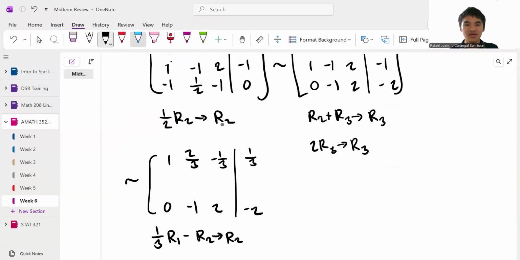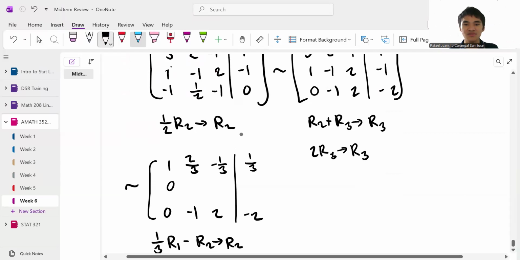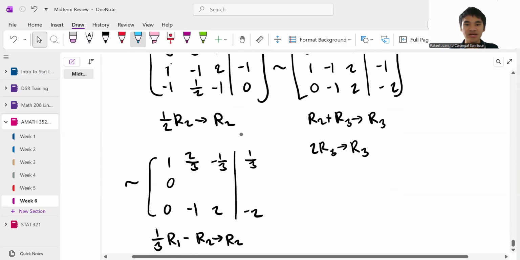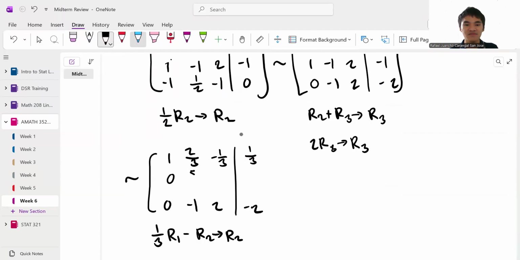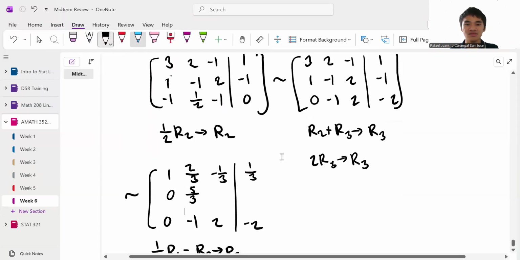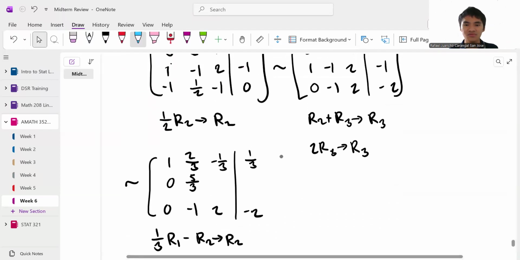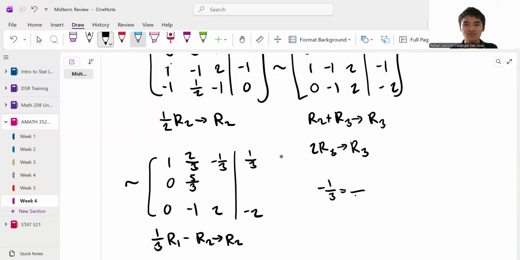So 1 minus 1 is 0. 2/3 minus -1, that's 5/3. And then -1/3 minus 2. So this is, I believe, minus 7/3.